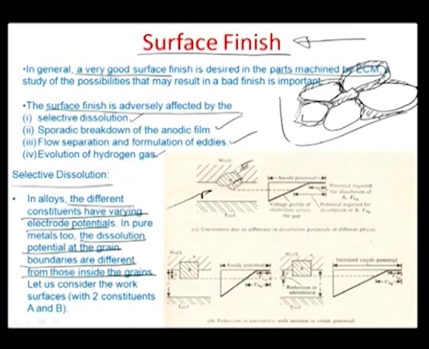So, in this particular case, let us consider the anodic dissolution potential which is available to A as VdA and that which is available to B as VdB.